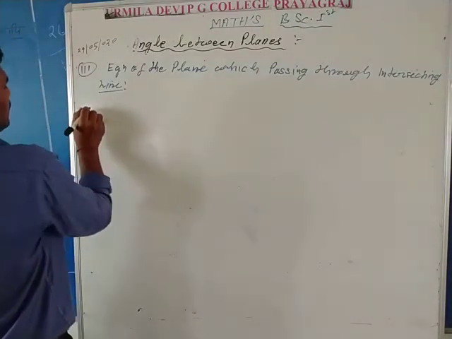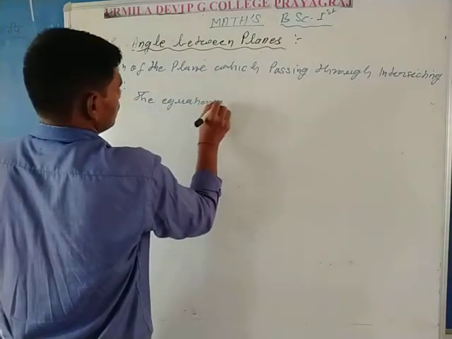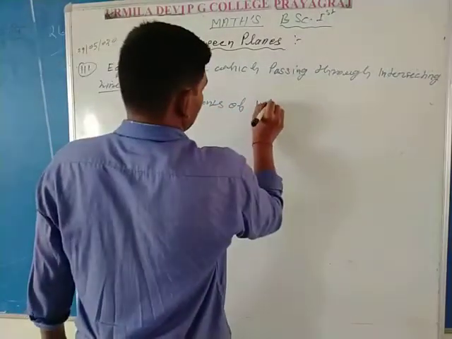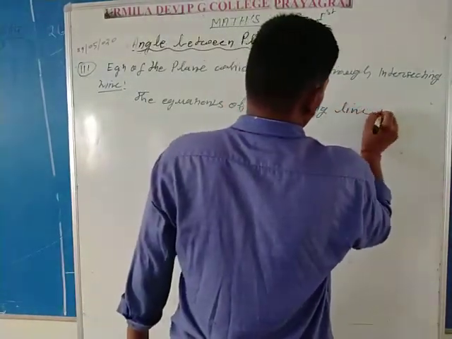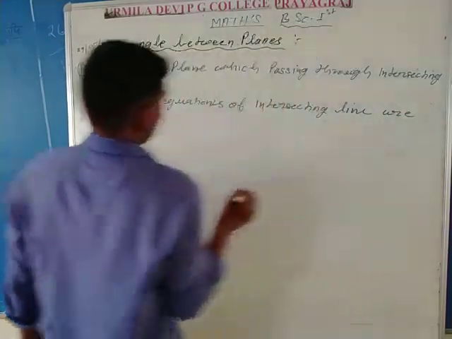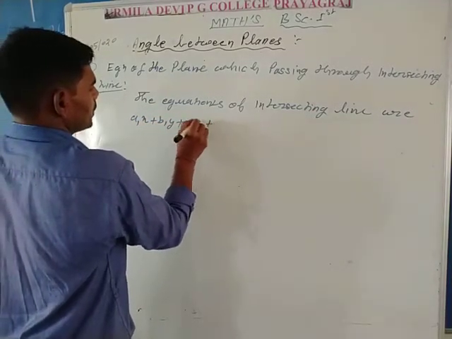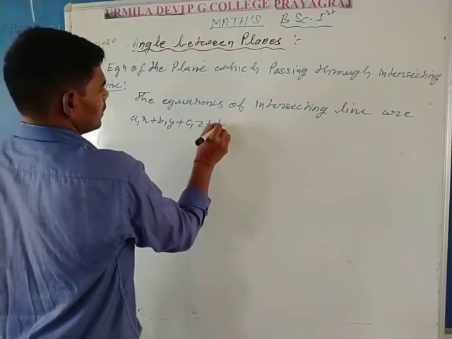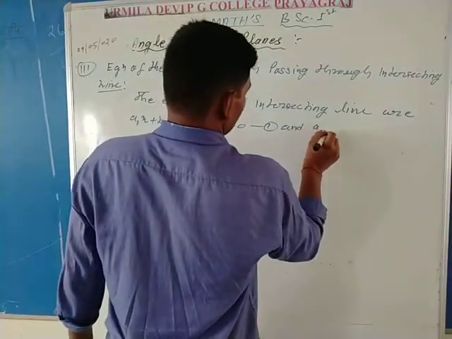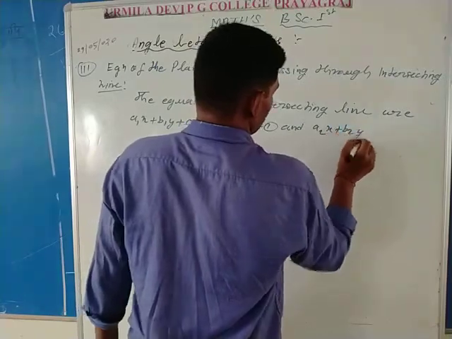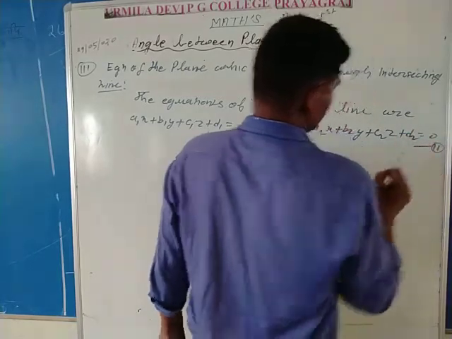Suppose that the equations of the intersecting line are a1x plus b1y plus c1z plus d1 is equal to 0, the first equation, and the second equation is a2x plus b2y plus c2z plus d2 is equal to 0.